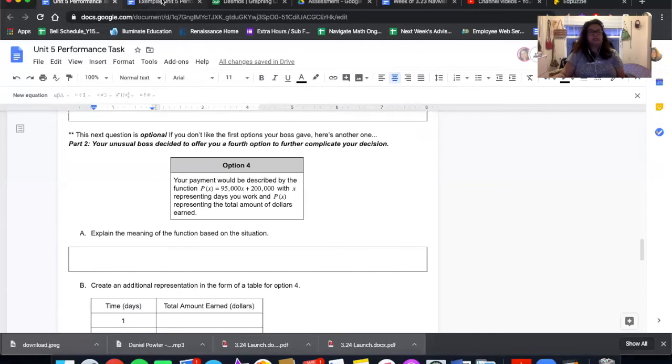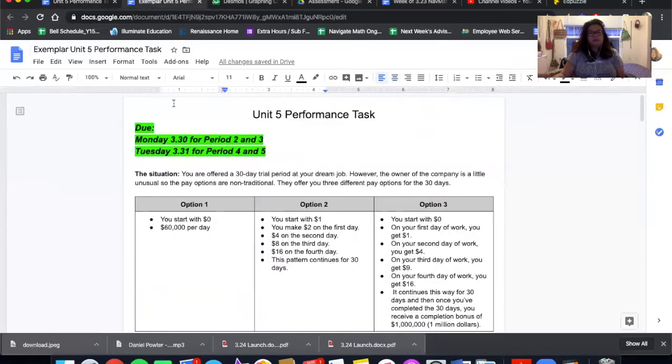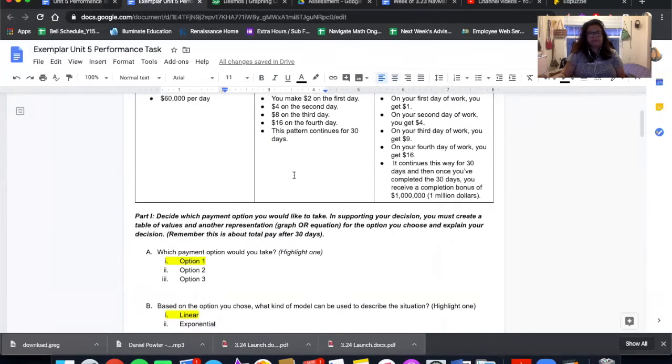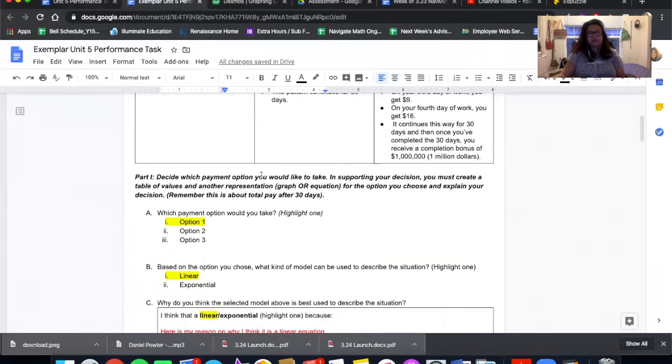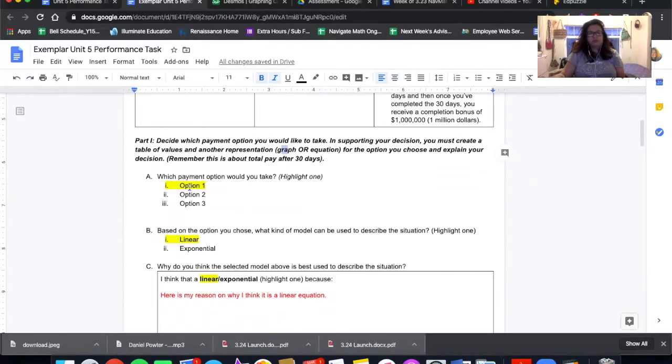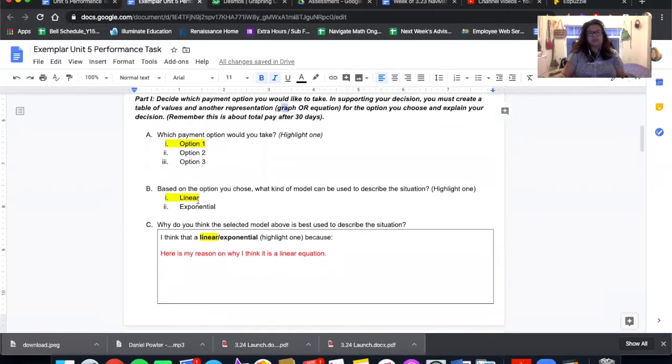So let's look at an example. Before we start, do not copy these numbers down. These numbers don't have anything to do with these options. They're totally made up. Decide which payment option you would like to take. In supporting your decision, you must create a table of values and then another representation. So I chose option 1, and I think that option 1 is going to be linear.